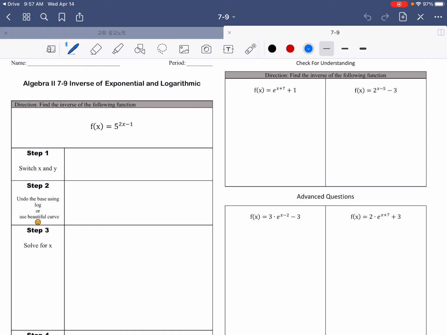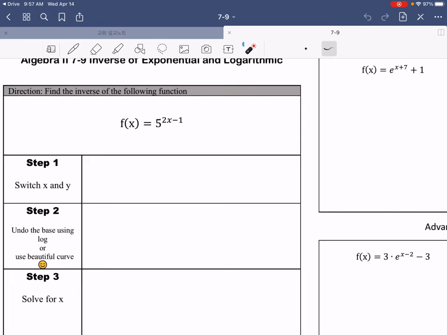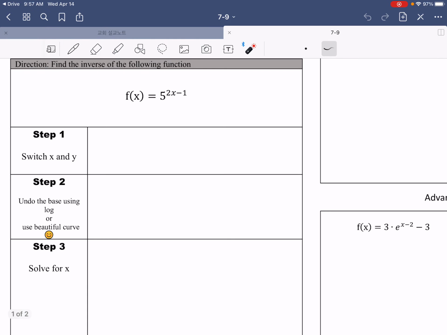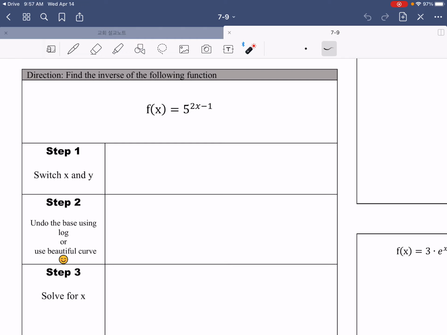So last time we learned about solving exponential equations and logarithmic equations. Now this time we're going to learn about finding the inverse of exponentials. This is the last part of the exponential and logarithmic chapter, and it's going to be pretty easy.